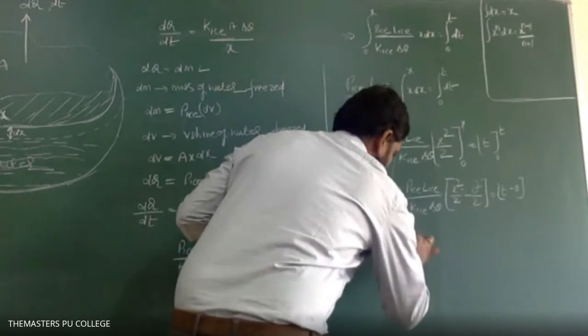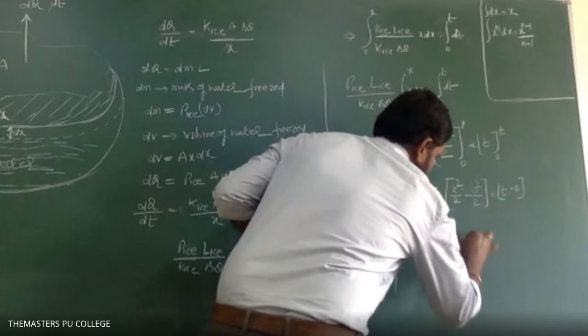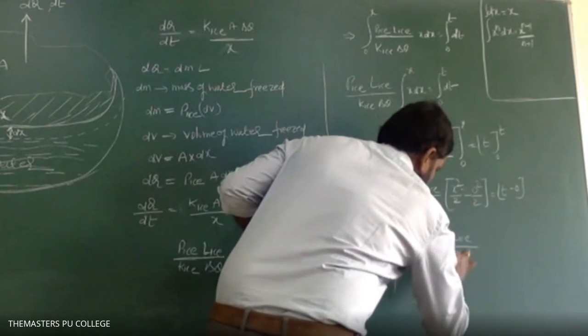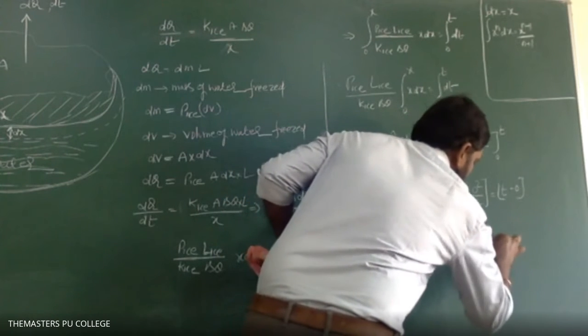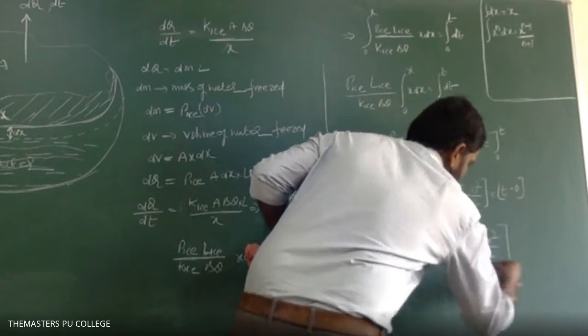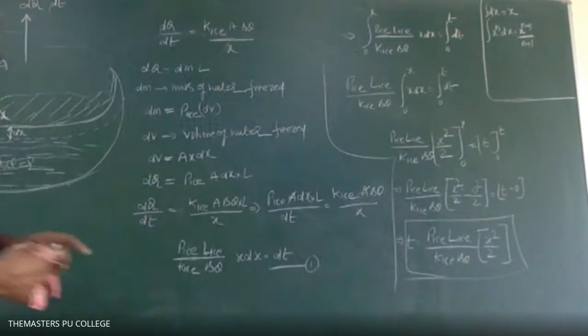So t equals density of ice, latent heat of ice, divided by k of ice into delta theta, times x squared by 2. This is the time taken to grow an ice layer from 0 to x thickness.